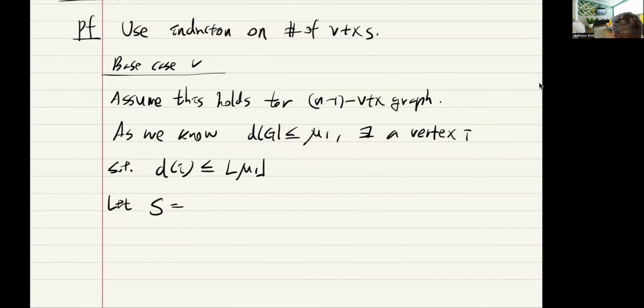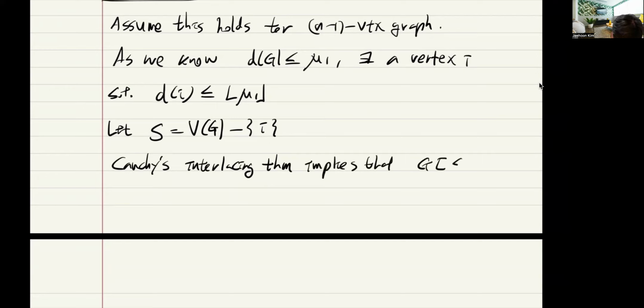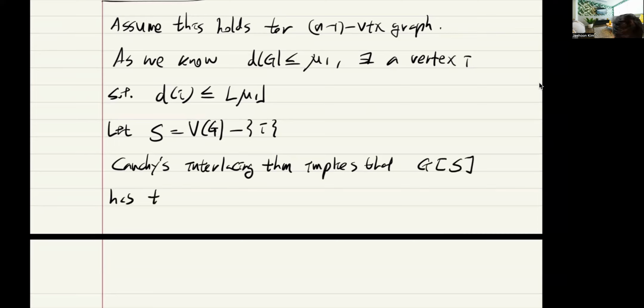Then let S be the vertex set you get from the graph by deleting i. Then Cauchy's interlacing theorem implies that G[S] has the largest eigenvalue at most mu1.